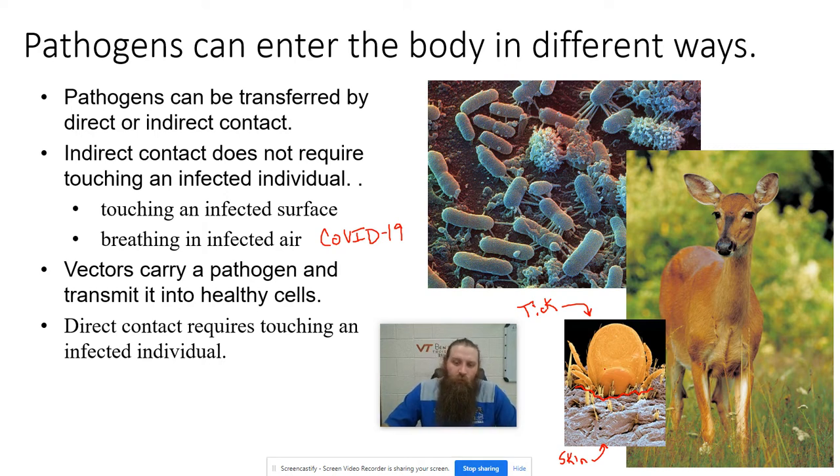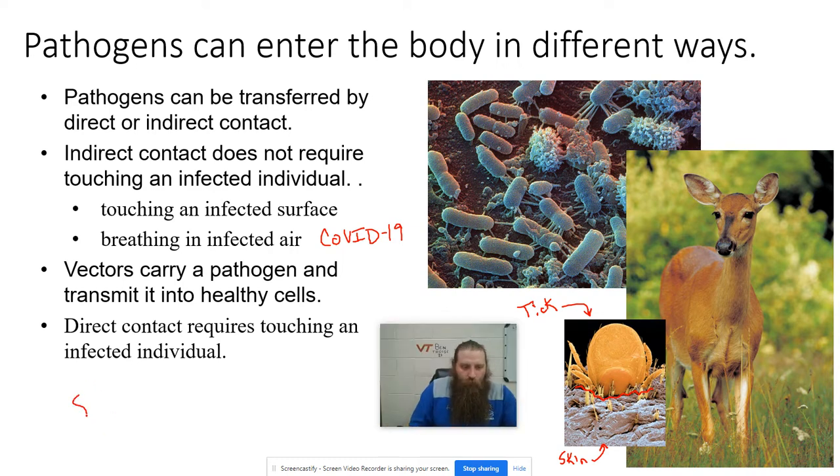Now, bacteria in the mouth parts of the tick can be transferred to the deer when it bites the deer. If the deer had some kind of bacterial infection, then it's possible that that bacteria could be transferred to the tick. If the tick falls off the deer and then ends up biting a human being, it could transfer that bacteria to the human being.